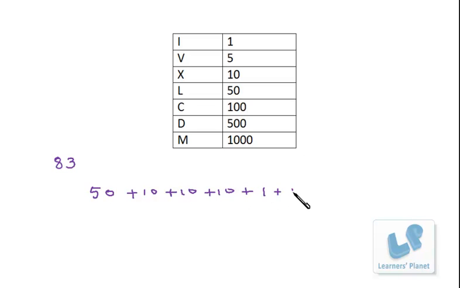It's 1 plus 1 plus 1. So 50 is L, then 10 is X, then X, then X, then I, then I, and then I. So it's a very simple representation of 83. That is L, X, X, X, I, I, I.